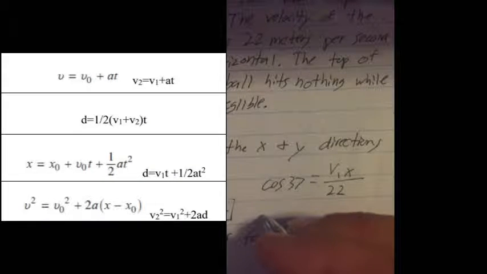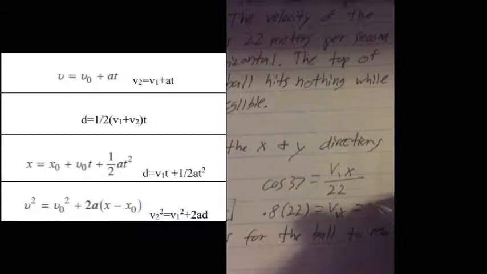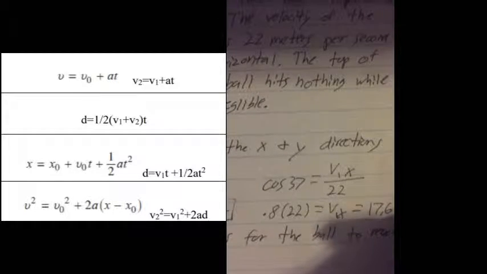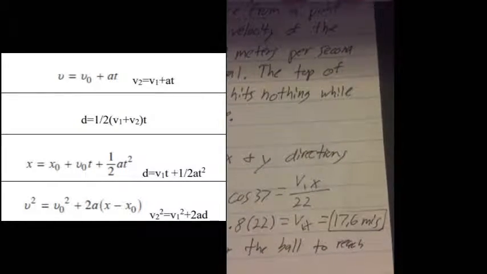And we know that the cosine of 37 given to us is 0.8, and 0.8 times 22, solving for the velocity of x, is equal to 17.6 meters per second. So that's part A done right there.